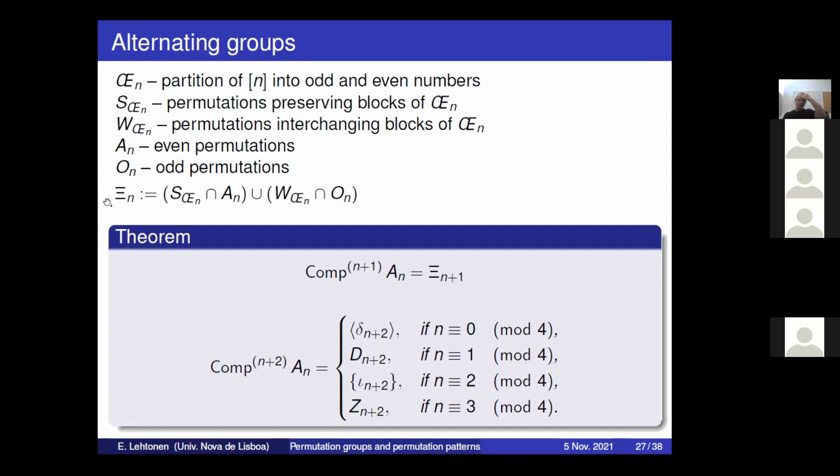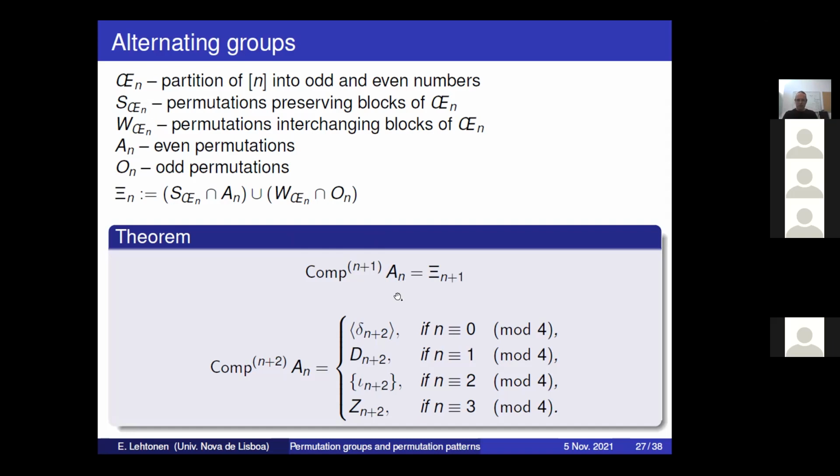And now we define psi of n as the set of all even permutations that map odd numbers to odd numbers and even numbers to even numbers, and all odd permutations that swap the odd and even numbers. And this will be the compatible n+1 permutations of the alternating group of degree n.